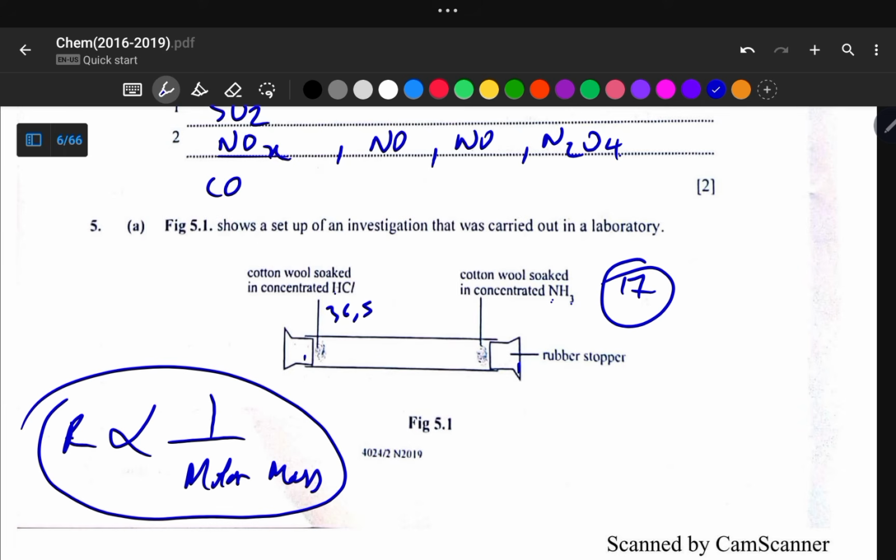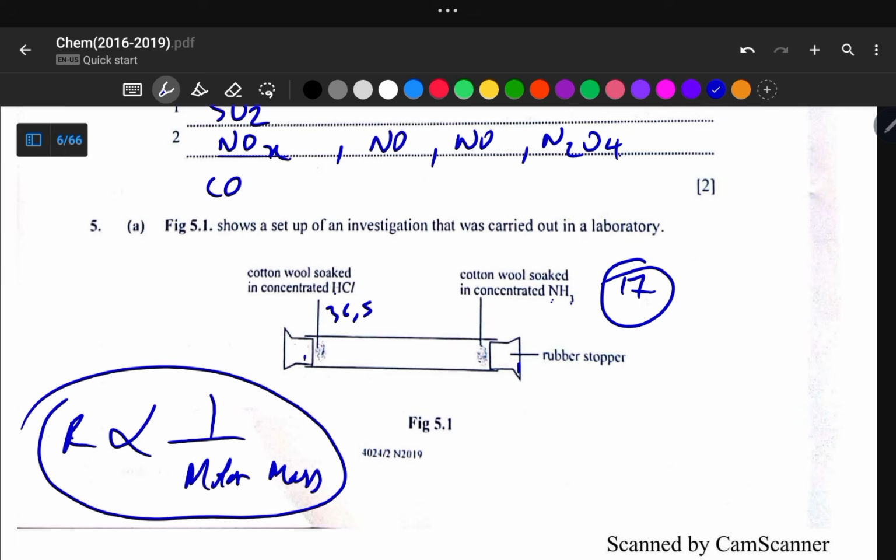So diffusion is defined as the movement of particles from the region of higher concentration to the region of lower concentration. So it is a passive transport system, right? You should know diffusion inside out, right? So we want to highlight the point of reaction here.